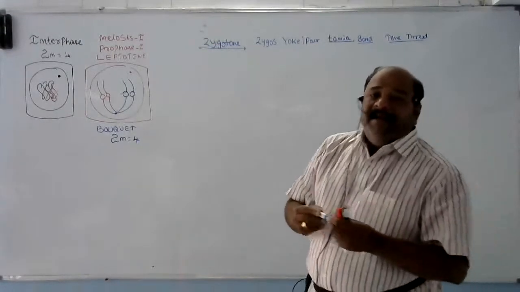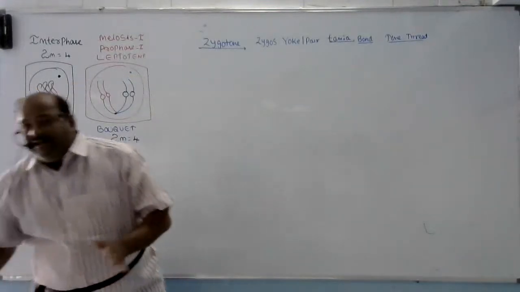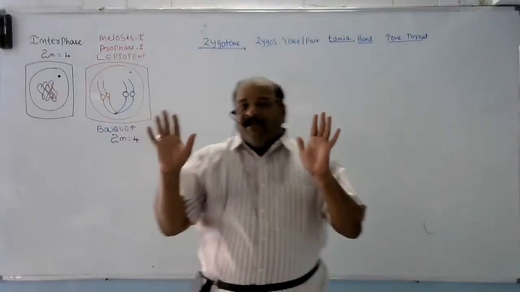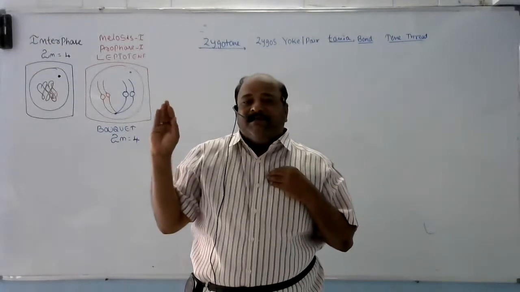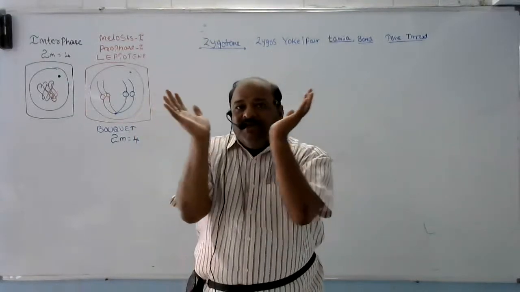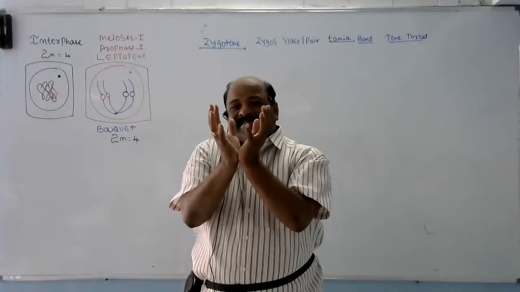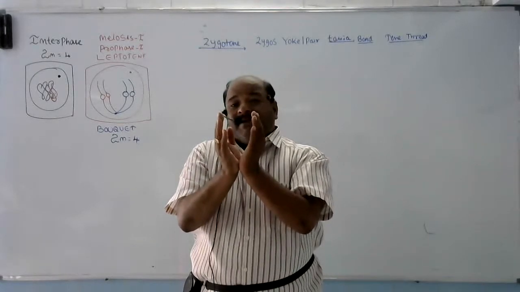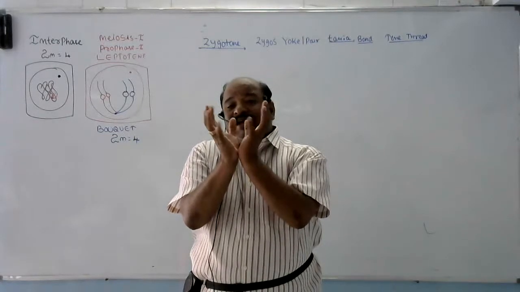What happens in the zygotene stage? I already told you. For example, homologous paternal chromosomes and homologous maternal chromosomes are joined at a particular place. Later, attraction forces develop between these homologous chromosomes.